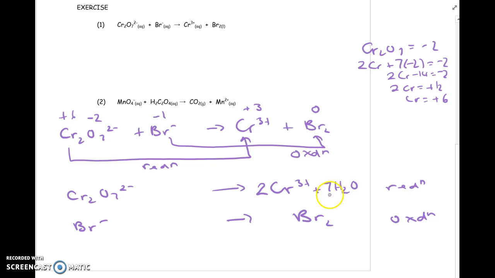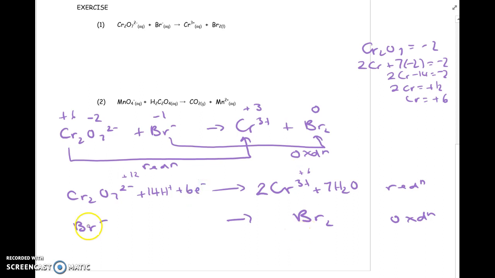Now there's 7 times 2 is 14 hydrogens, so I'm going to add 14 hydrogens over here. Now I need to add my electrons, and I add those to the most positive side. This side is negative 2 plus 14 lots of plus 1, which is plus 12. This side is plus 6, so I need to add 6 electrons.